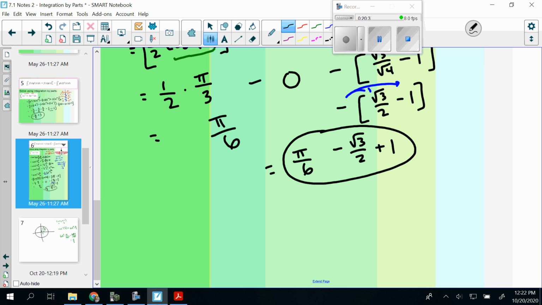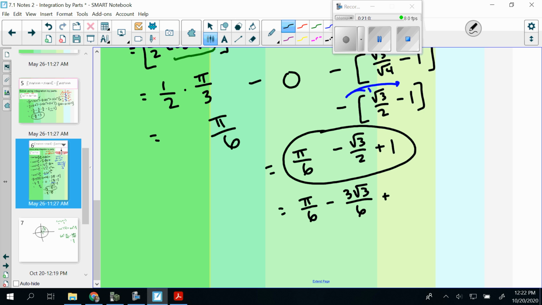If it's a free response, that answer would give you full credit. Had this been a multiple choice one, there is a chance that your answer might have a common denominator. So just be able to see that if this is your answer, this would also be the same as getting a common denominator of 6 throughout this. Here we'd have to multiply by 3 over 3 to get a common denominator.